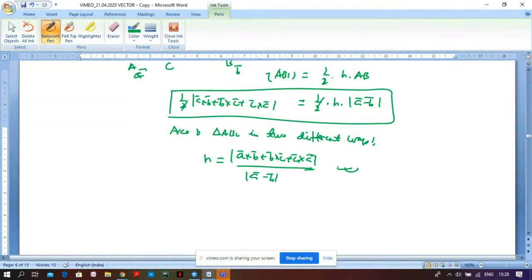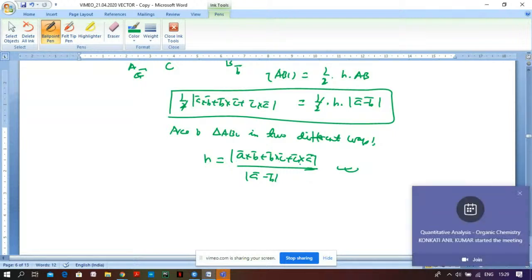One thing I would like to say about this problem is that it was actually geometrical in nature, although it was not obvious from the beginning. But then we saw that the expression A cross B plus B cross C plus C cross A can be related to the area of a triangle.